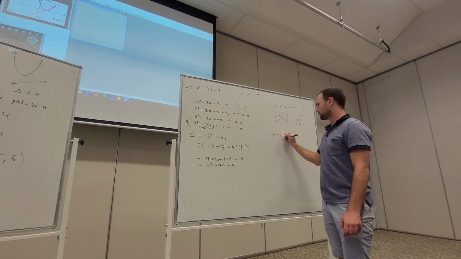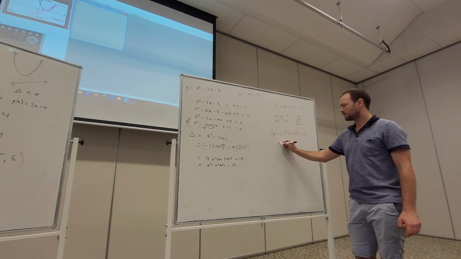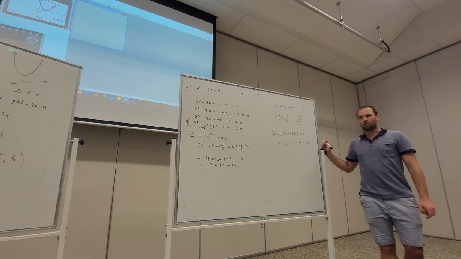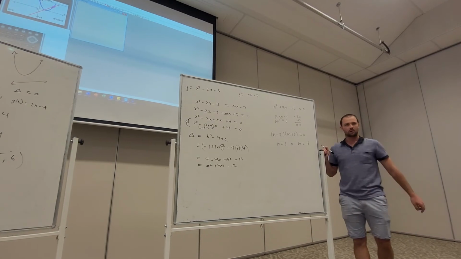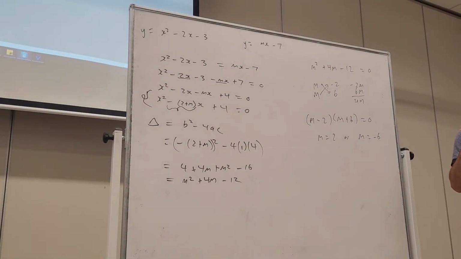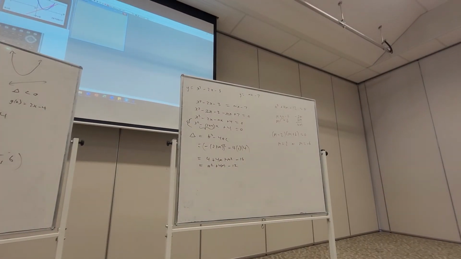So that's our solution. And so we've got when m is equal to 2 and when m is equal to -6, there is one point of intersection. So let's look at that graphically, because that's important.